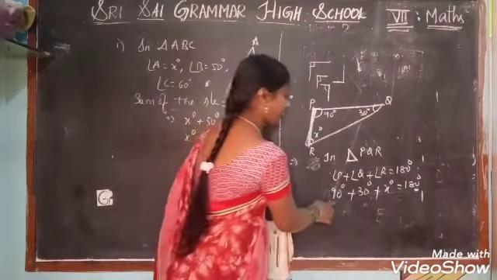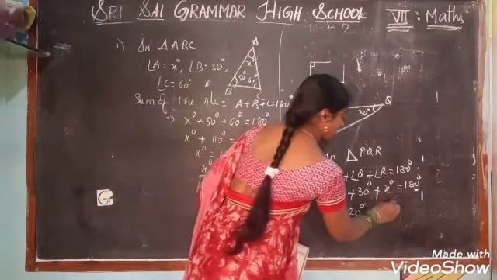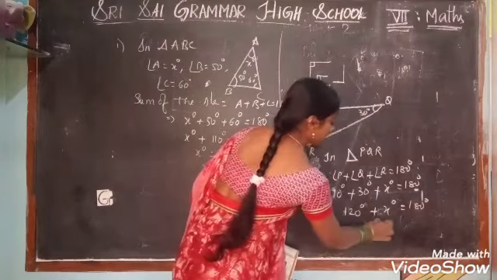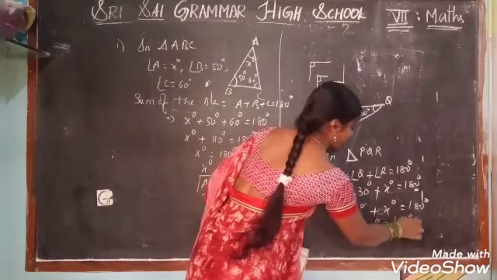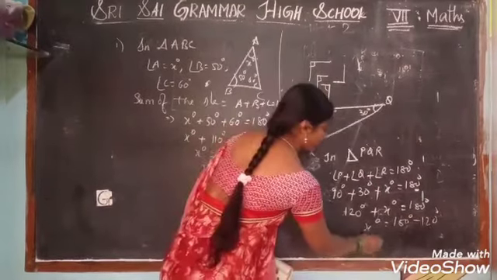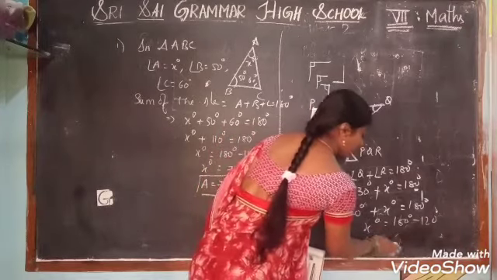Now 90 plus 30 is 120 degrees, plus x degrees equals 180 degrees. Now bring x degrees to this side: 180 degrees minus 120 degrees. Now, what is x degrees? 60 degrees.